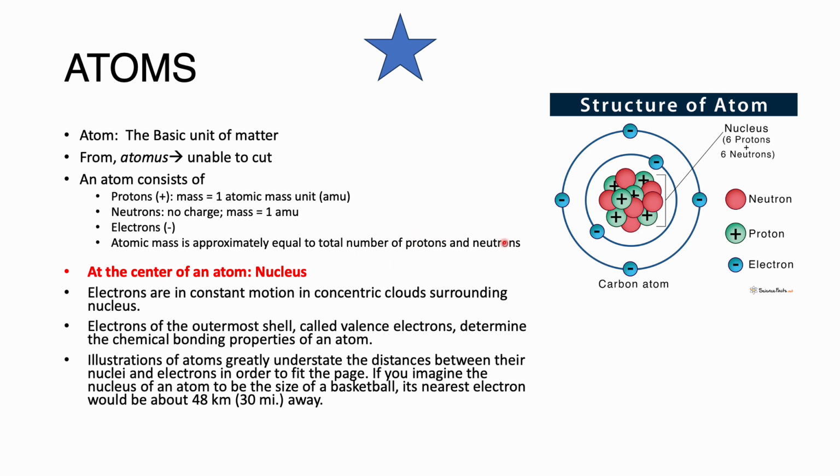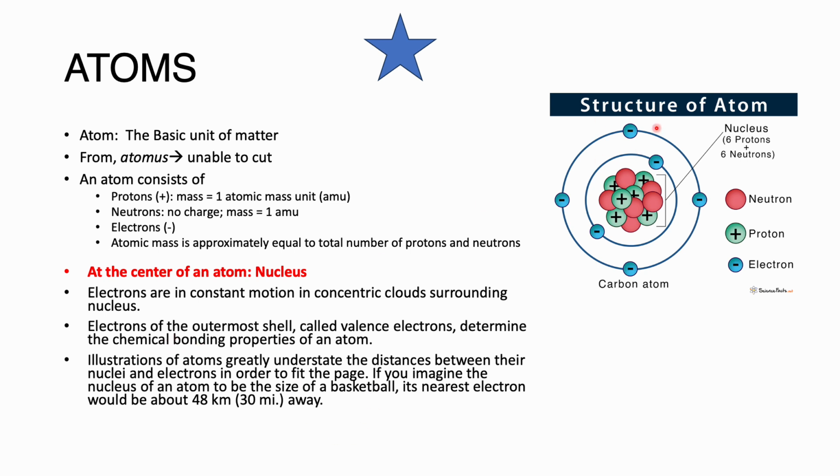Where do we find those protons and the neutrons? In the nucleus. So here we see an example of the structure of an atom. In the nucleus, we find neutrons, which have no charge, and protons, which have a positive charge. The electrons orbit around the nucleus in an electron cloud.